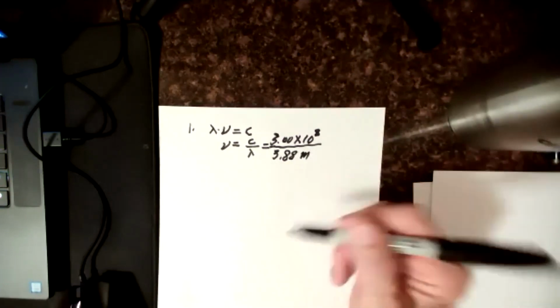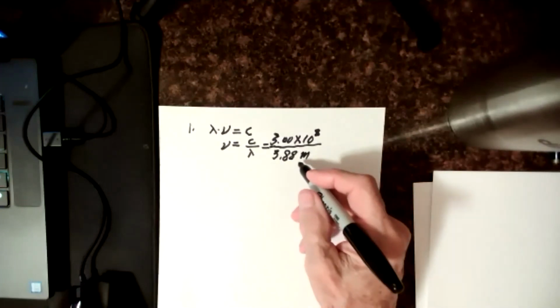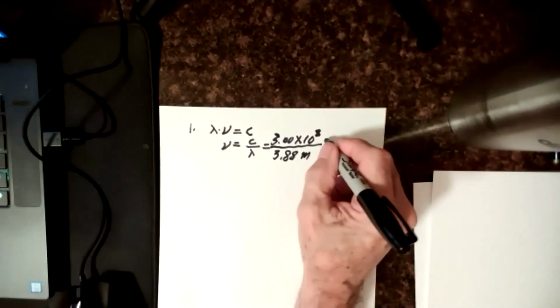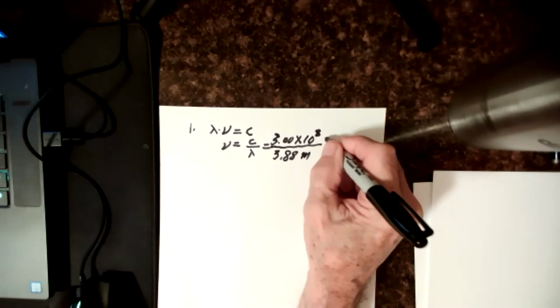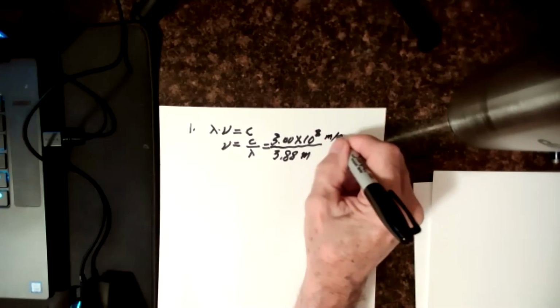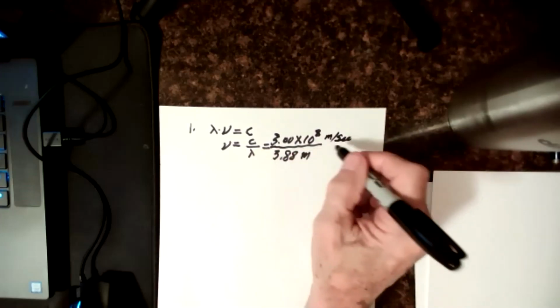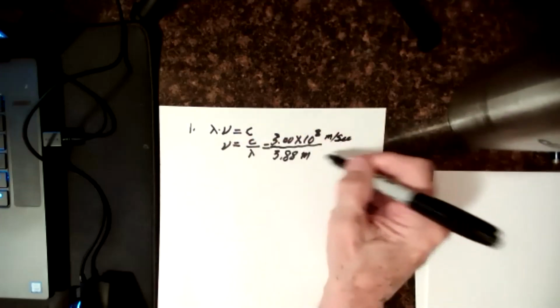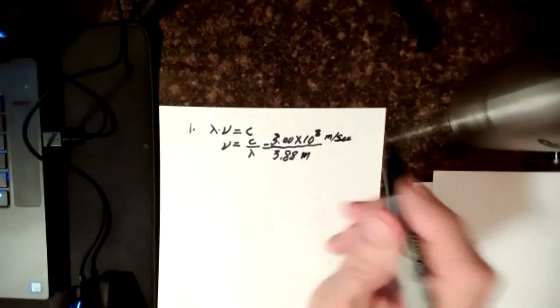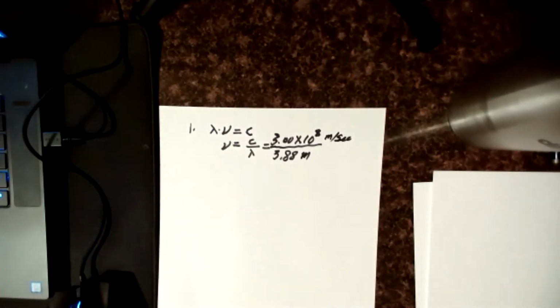Often we talked about light where we had it in nanometers, but this is given in meters. And now the speed of light was this many meters per second for one photon. So if I divide this out, I'm going to get the frequency. The meters are going to cancel, and it'll give me seconds to the minus 1, or waves per second, is what that would actually be.